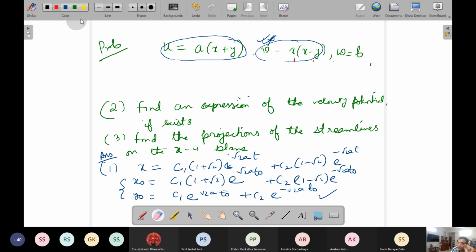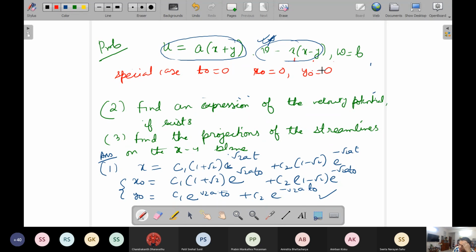So the special case is t0 is equal to 0, that is at time equal to 0, x0 equal to 0 and y0 equal to 0.